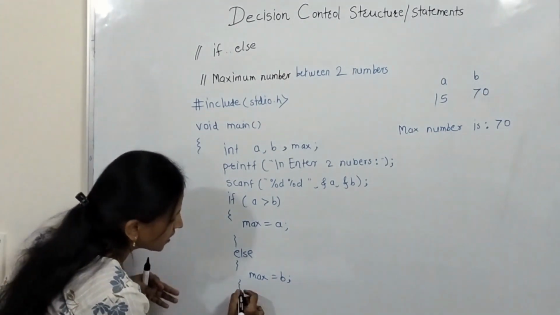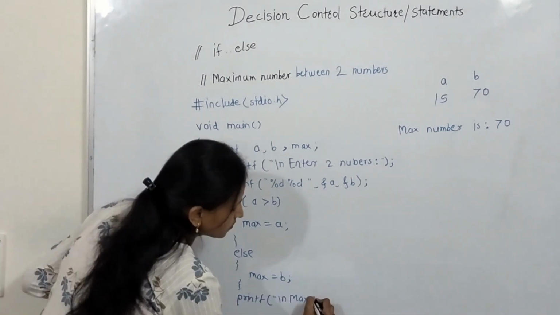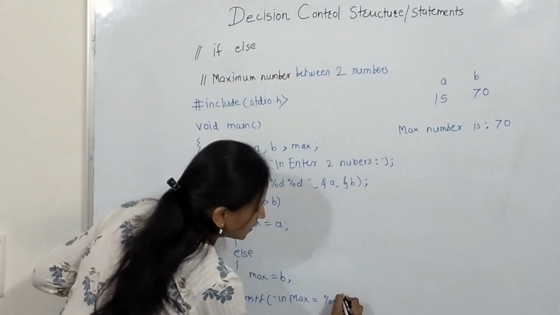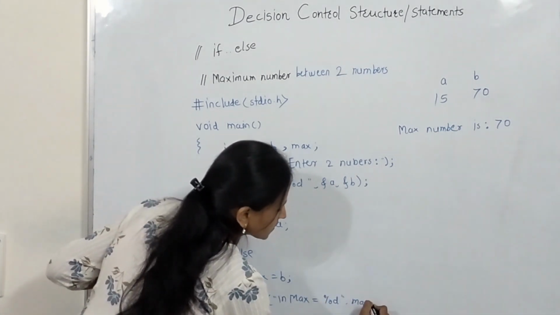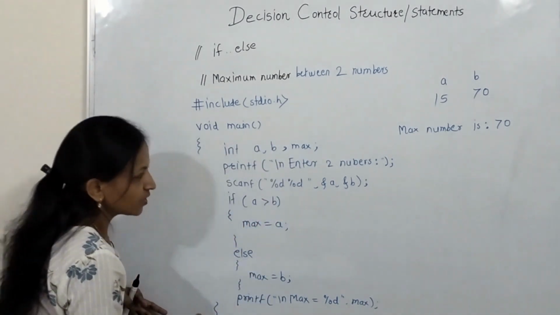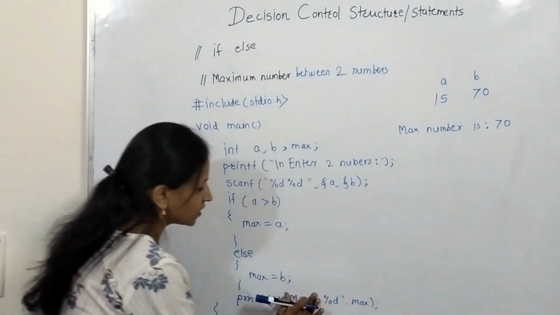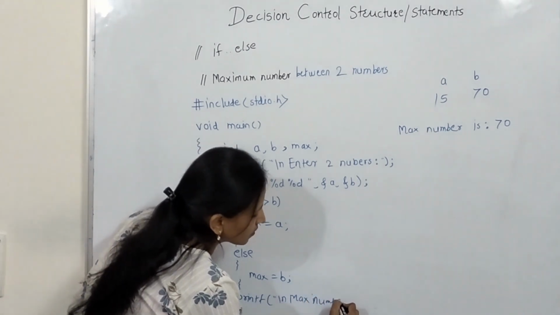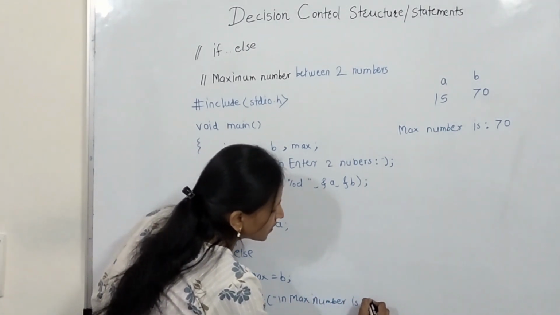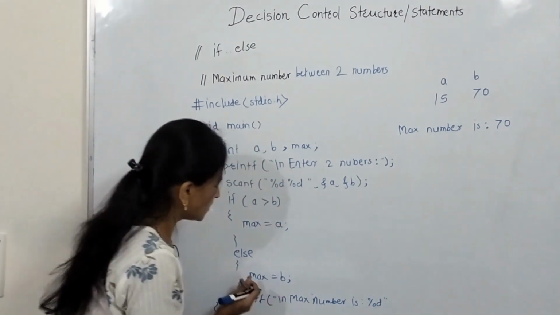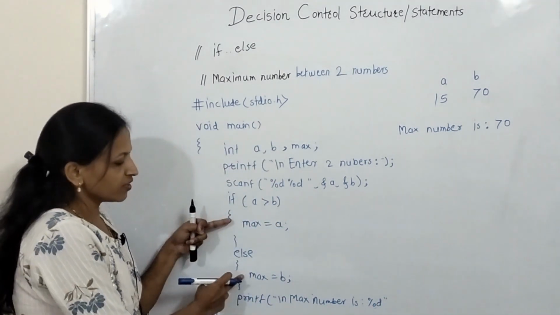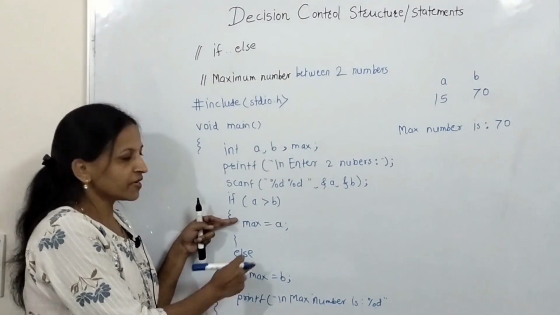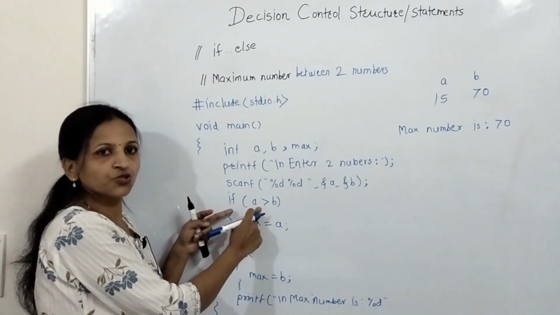Just printf maximum is equals to %d comma max, or we can write maximum number is %d. Why? Because it is inside the max variable, and whatever the value of max is totally depends on whether the condition is true or false.